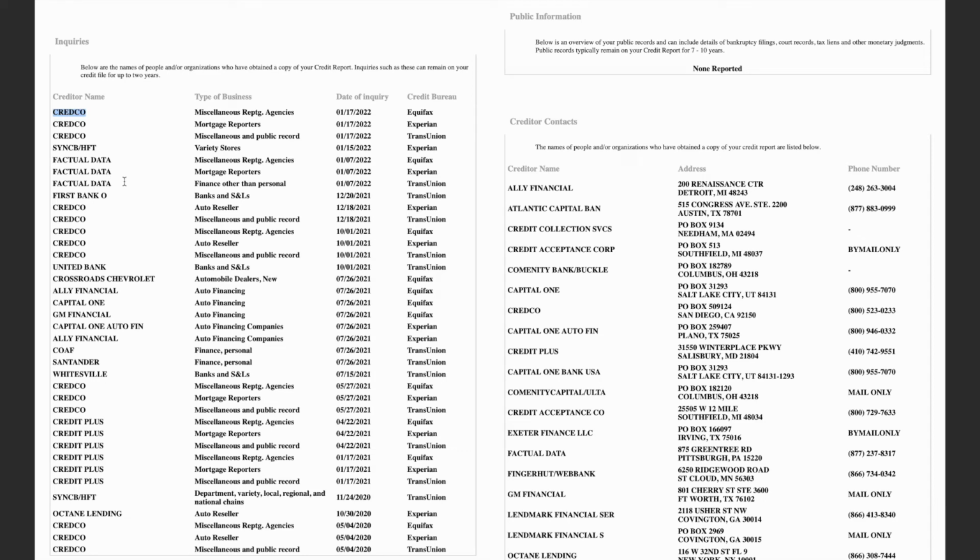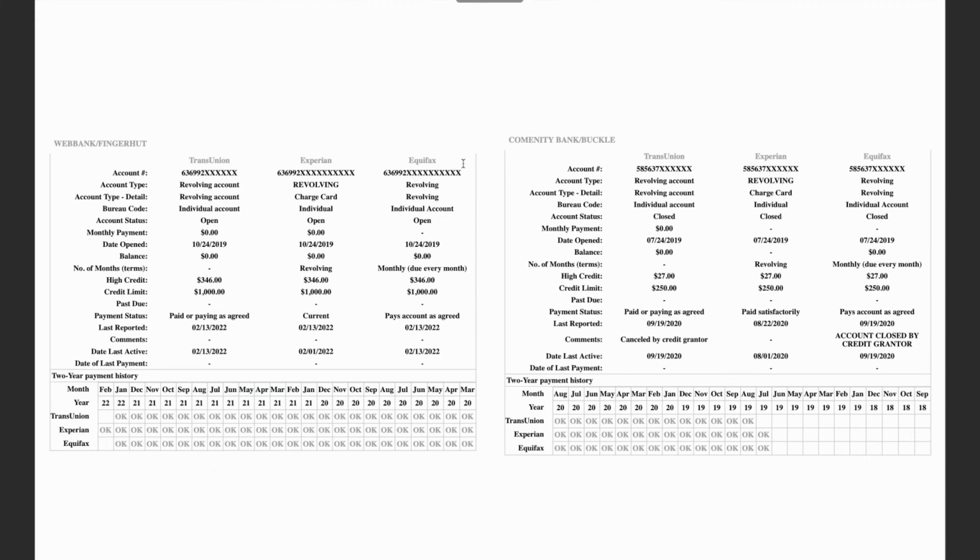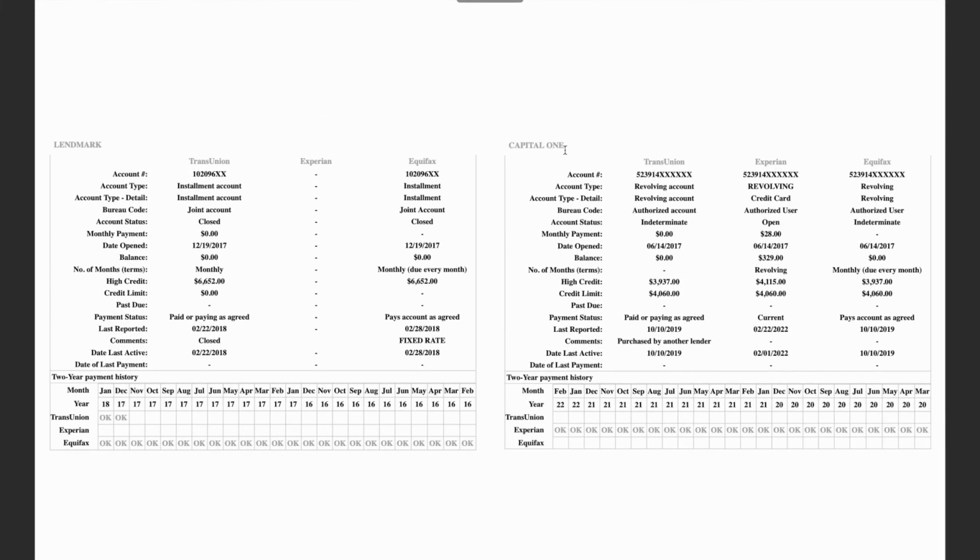So, for instance, right here, this is Capital One Auto Finance, and they put in an inquiry for this one on July 26, 2021. Now, even though this is actually just a credit card, let's say this was Capital One Auto Finance, and let's say that this account was open.